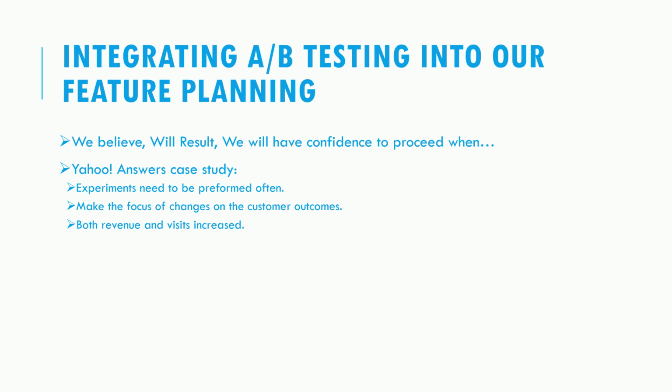So then we have integrating A/B testing into our feature planning. A good example from the book in the very beginning talks about this kind of model: we believe this will result in, and we will have confidence to proceed when. An example they give is, let's say they have a hypothesis saying, hey, we think if we have these certain images on a hotel website, then it's going to result in more people clicking on renting a room or staying the night.